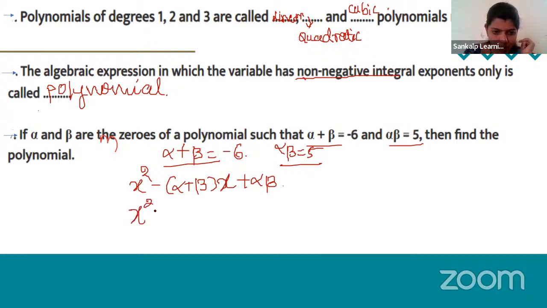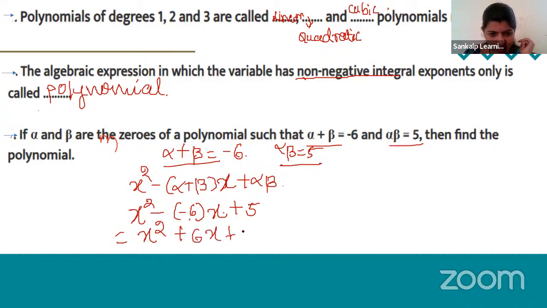Substitute: x square minus (alpha plus beta value is -6) into x plus alpha into beta value is 5. x square minus into minus plus 6 into x, 6x plus 5. Finally, we got the polynomial, that is x square plus 6x plus 5. It is our polynomial. Okay.